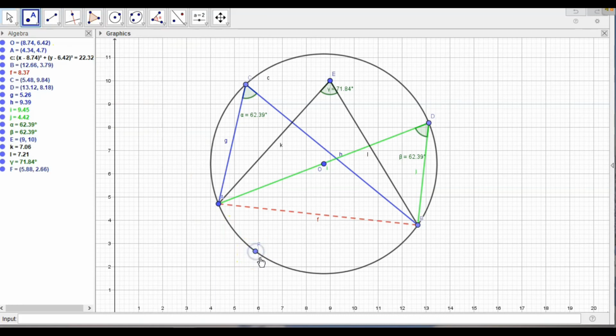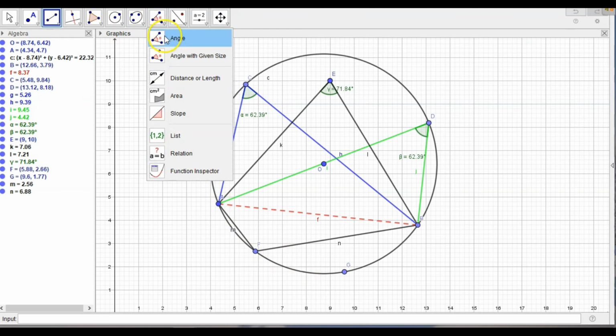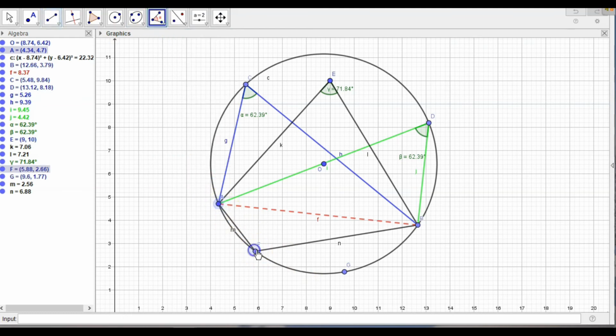One point is here, that is F. Another point is here, that is G. Let's create our angle, from A to F and from B to F. Let's measure angle BFA.